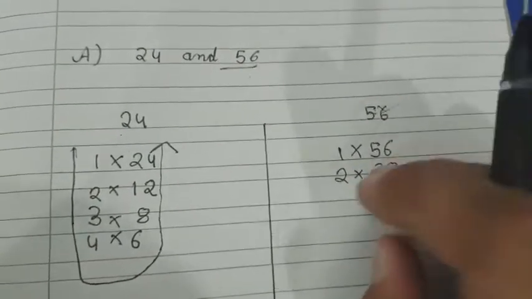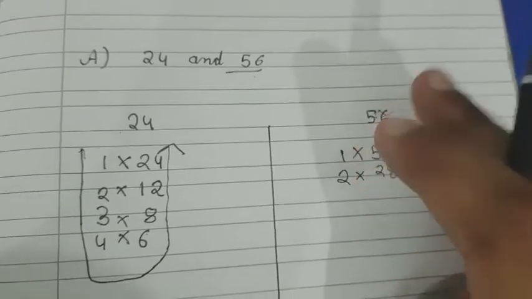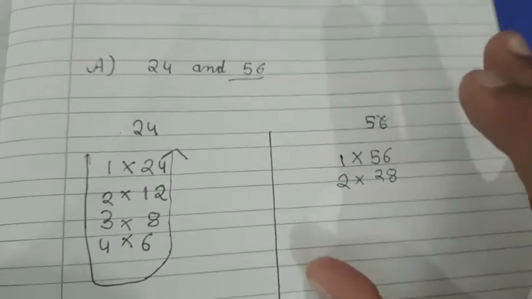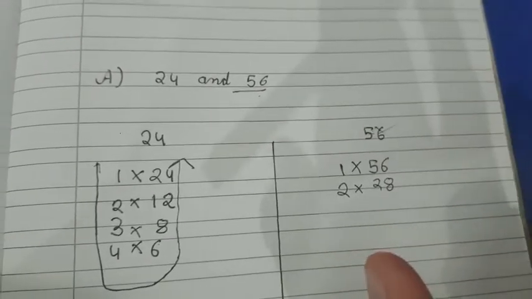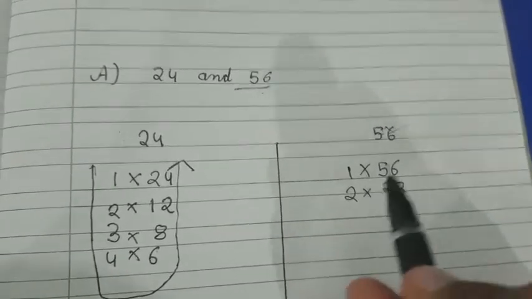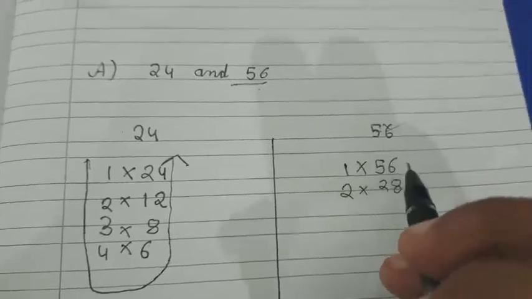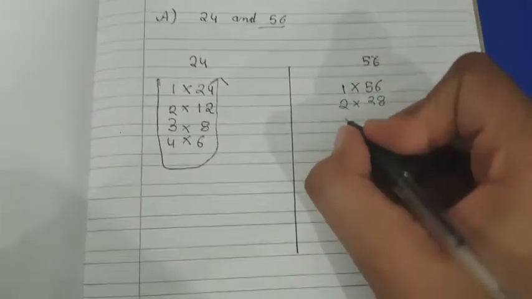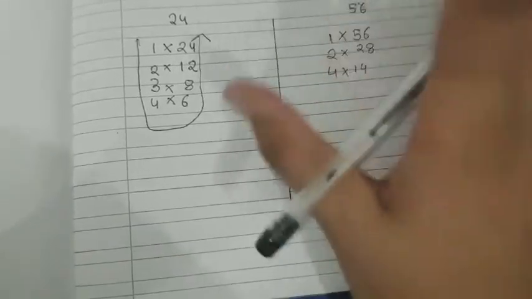The divisibility rule of 4 says to check whether the last two digits of the number are divisible by 4 or not. If it is divisible, we will write 4, and if it is not, we will not write. So yes, 56 is divisible by 4, and 4 into 14 is 56.